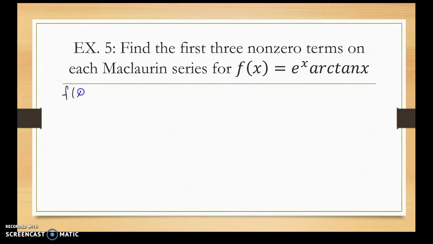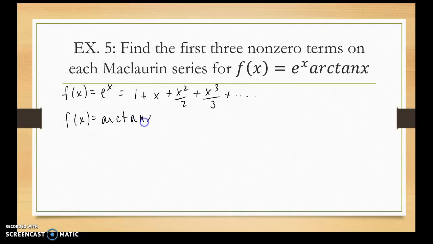I know that the first few terms of e to the x are 1 plus x plus x squared over 2 plus x cubed over 3 factorial. Keep going. I know the first terms of arctan of x are x minus x cubed over 3 plus x to the 5th over 5 minus x to the 7th over 7.